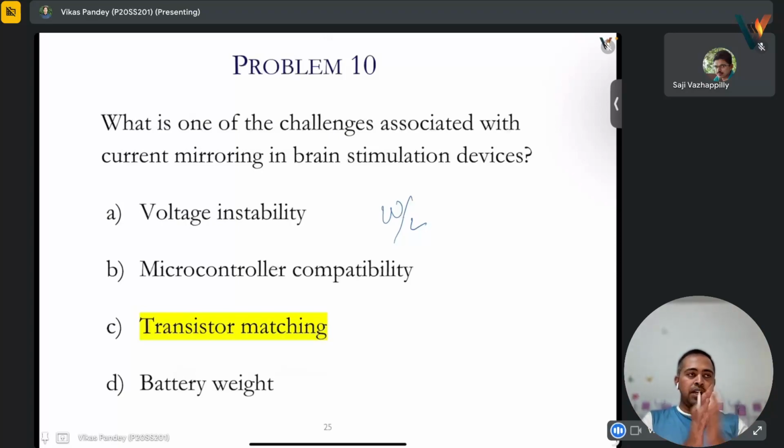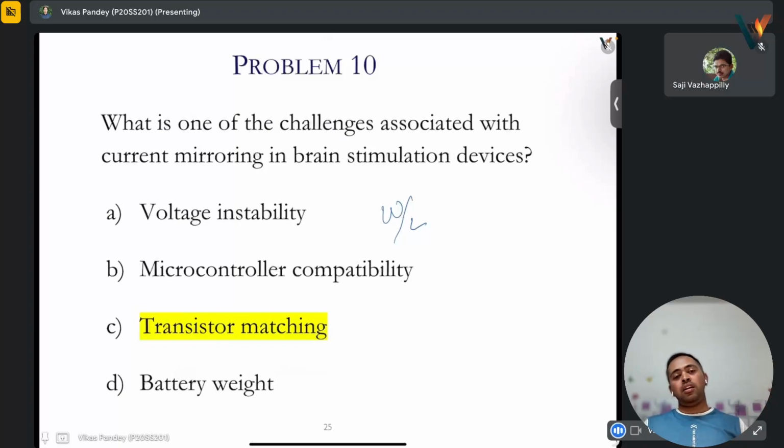So W by L, whatever you try, there will be some error, and when you are making them, they might have small impedance mismatch. Then you will have to tune them properly along with some other circuitry. This matching is very important.